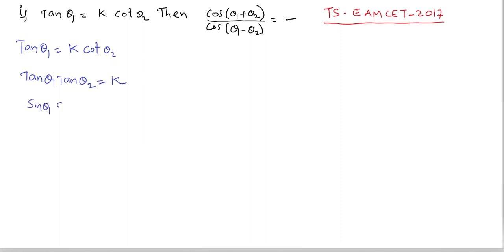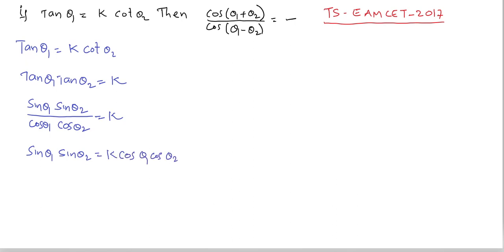Sin theta 1 into sin theta 2 by cos theta 1 into cos theta 2 is equal to k. From this, sin theta 1 sin theta 2 is equal to k cos theta 1 cos theta 2. Now we find the value of cos of (theta 1 plus theta 2) by cos of (theta 1 minus theta 2).